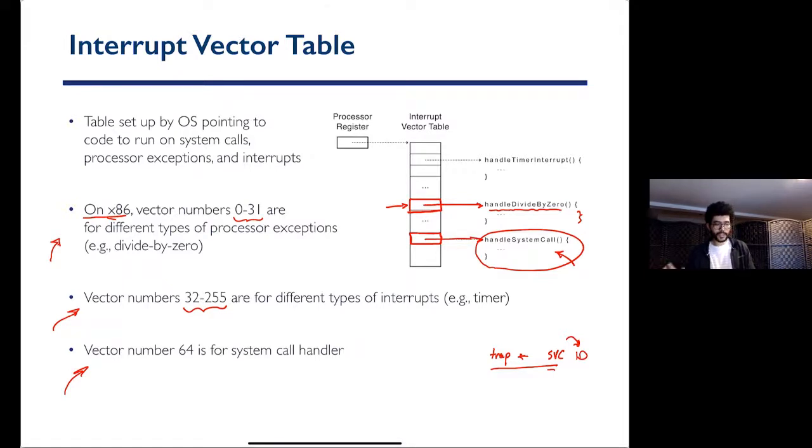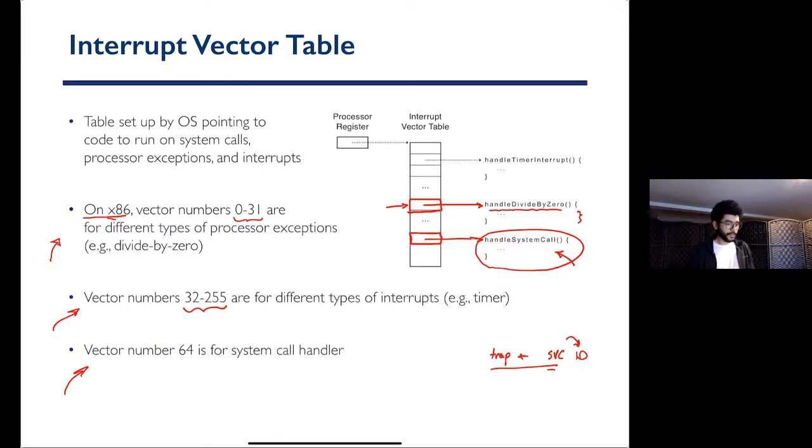The operating system, cooperating with the hardware, can make sure that the entry point to kernel code is well defined and protected. As long as the operating system writes the handler for divide by 0, system call, or timer interrupt in a correct way, hardware makes sure that it's going to jump to the beginning of that code.